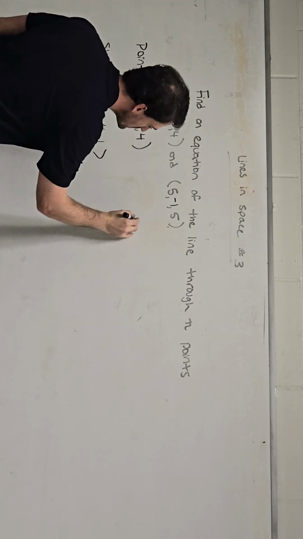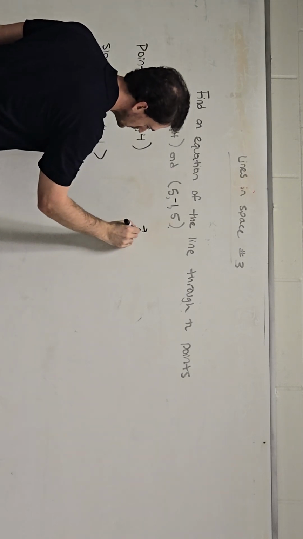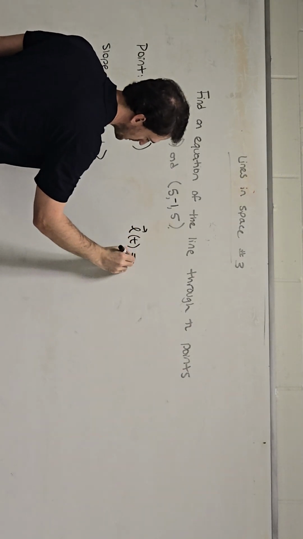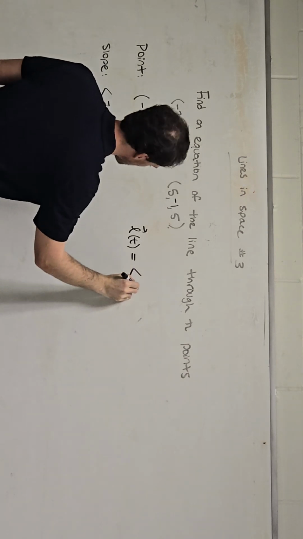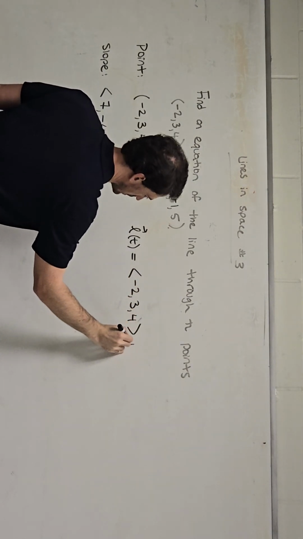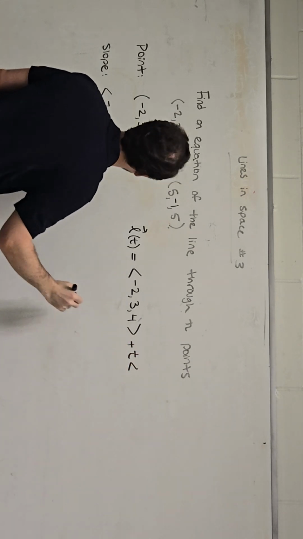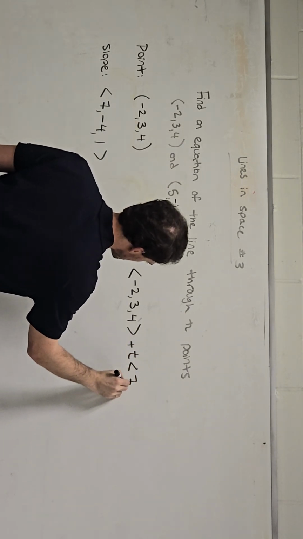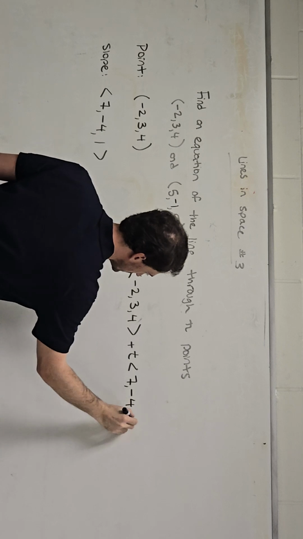All right, so the equation of our line is going to be the point plus t times 7, negative 4, 1.